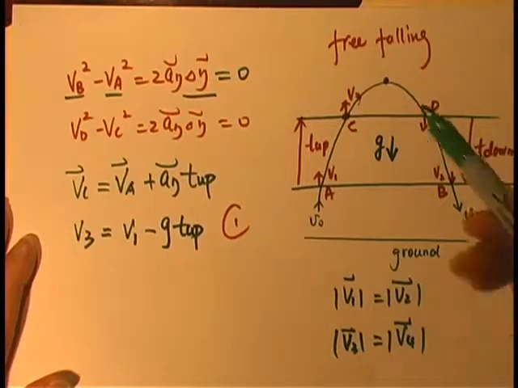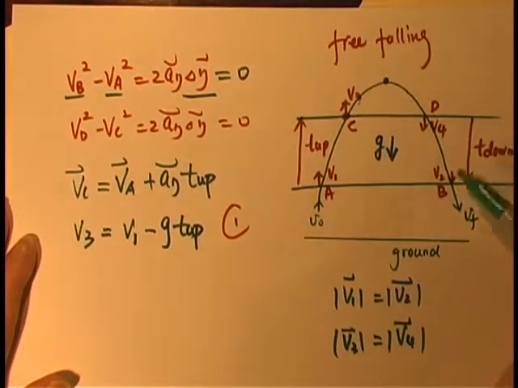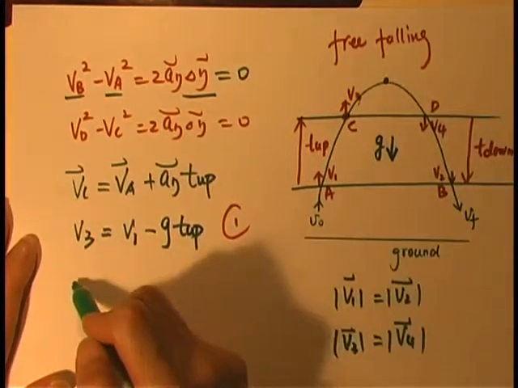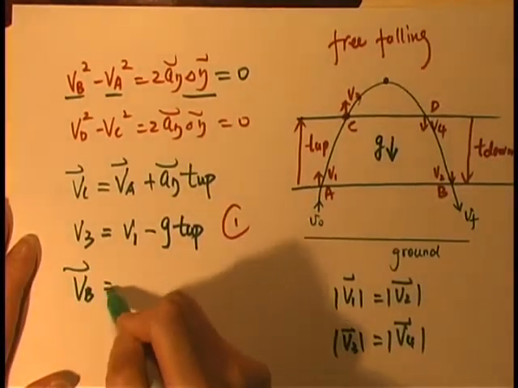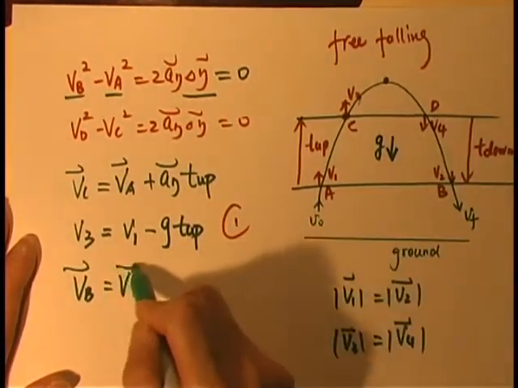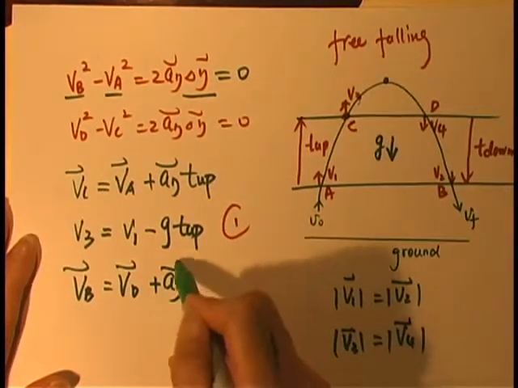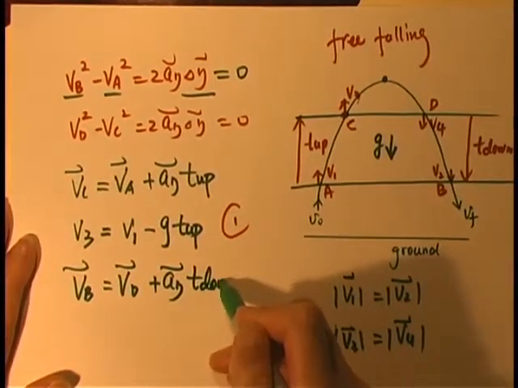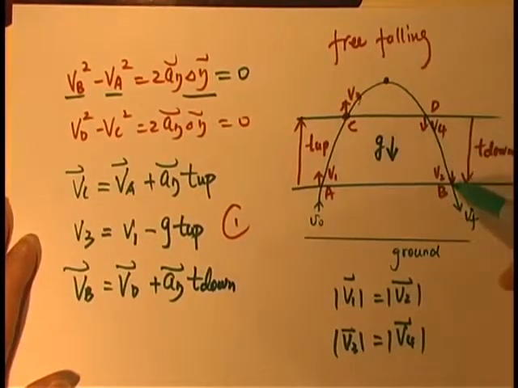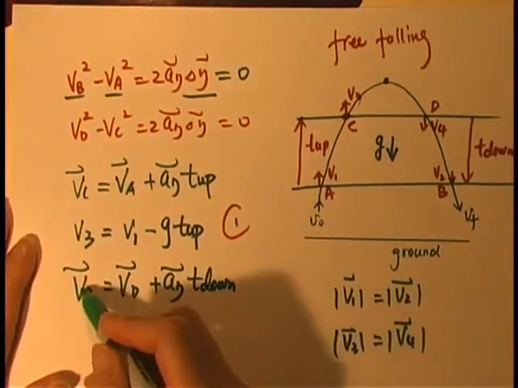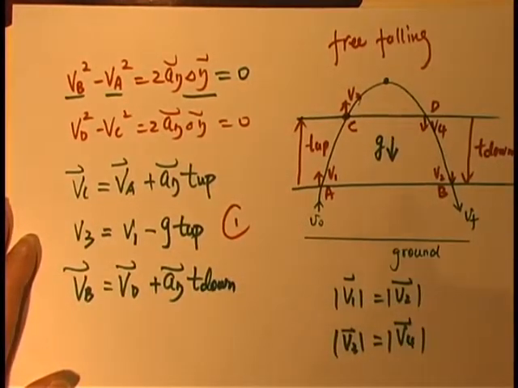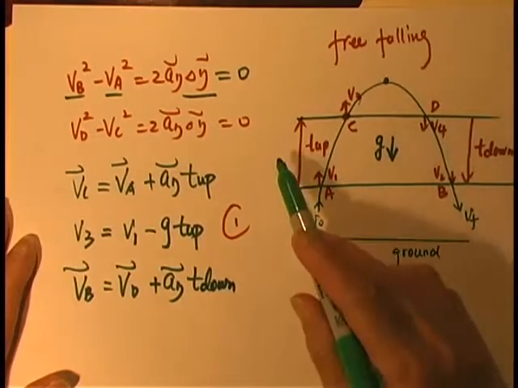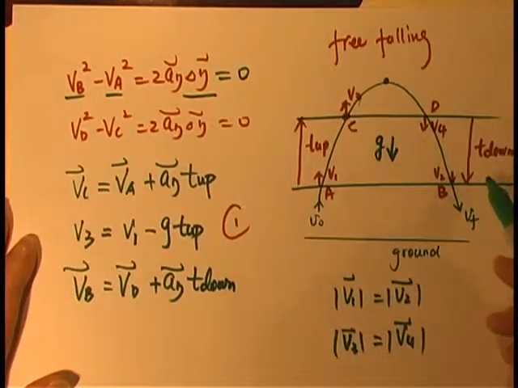Then if we apply between D and B, B is final, D is initial, this is coming down. So VB is final, VD is initial, plus AY, and that T is down. Because only when you come down, D is initial, B is final. Well, if up is positive, down will be negative.